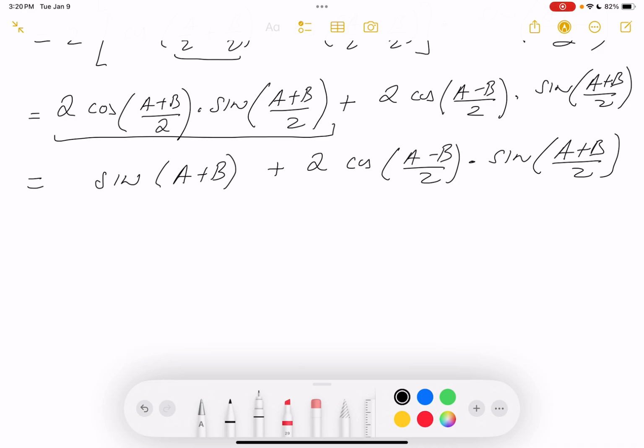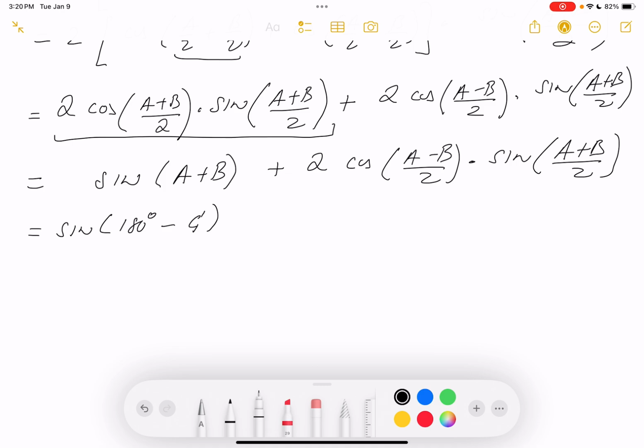Let's take a look at this one over here. I got to think about it a little bit anyway. You're going to write the first term as the sine of 180 degrees minus C. And why is that?